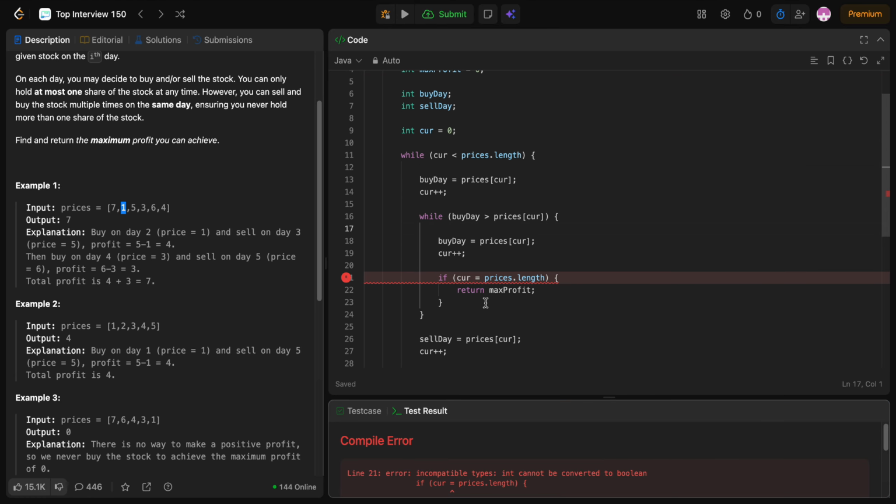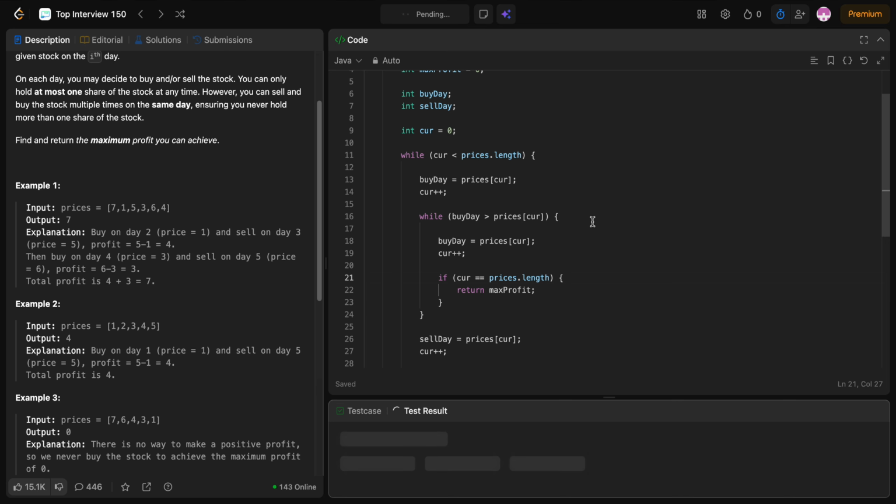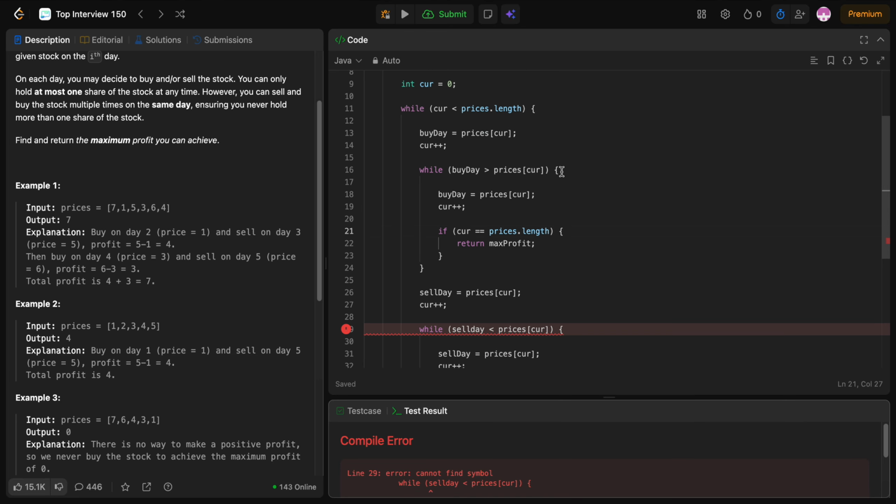Prices dot length. Oh, just a syntax error. Another syntax error.